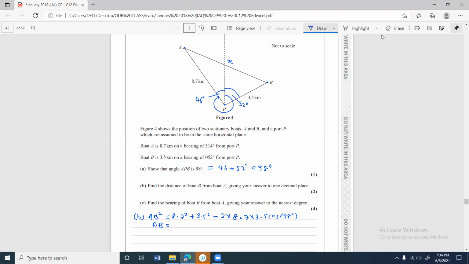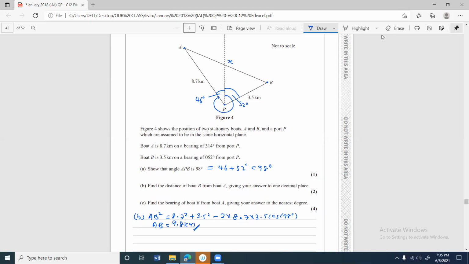It's 8.7 squared plus 3.5 squared minus open bracket 2 into 8.7 into 3.5 into cos 98. Make sure your calculator is in degree format. Then take the square root of that answer. So it turns up to 9.8 kilometers.